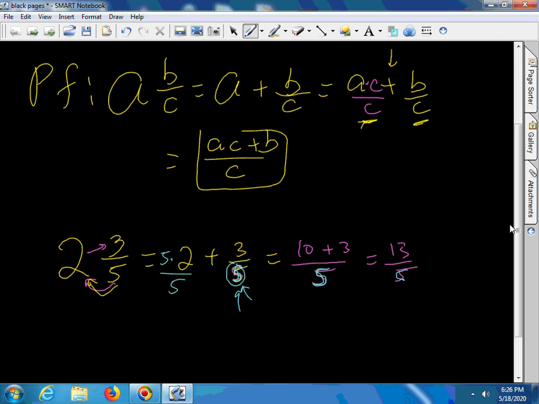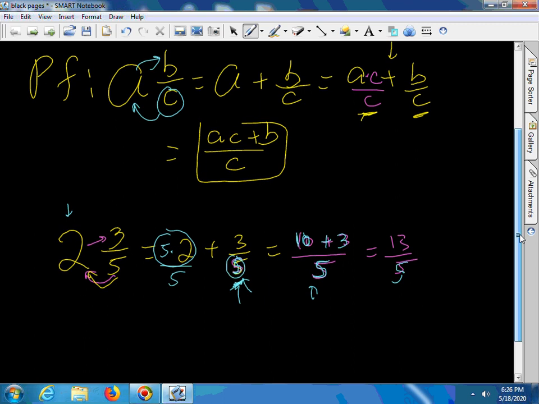That's what you multiply the 2 by. So we keep the 5, and then it turns out that whatever this number is, you multiply it by the number in front. That's how I got the 10. And then you add the numerator, which in our case was 3. And you get what you get, 13 over 5.